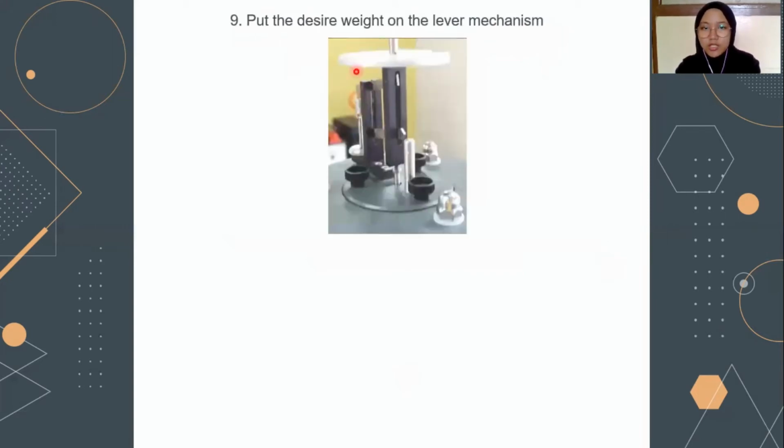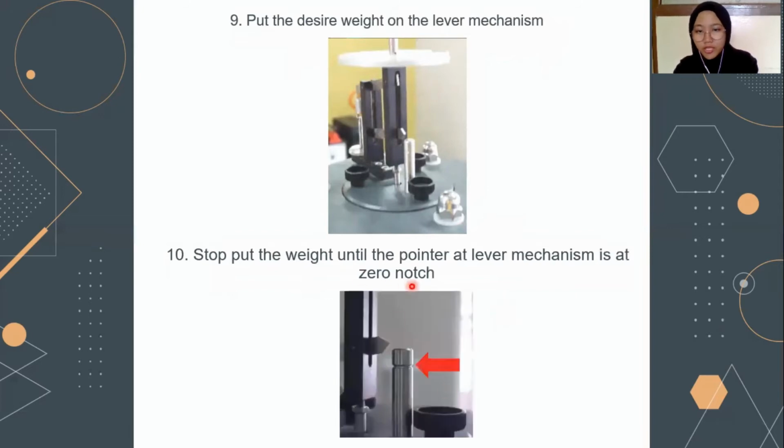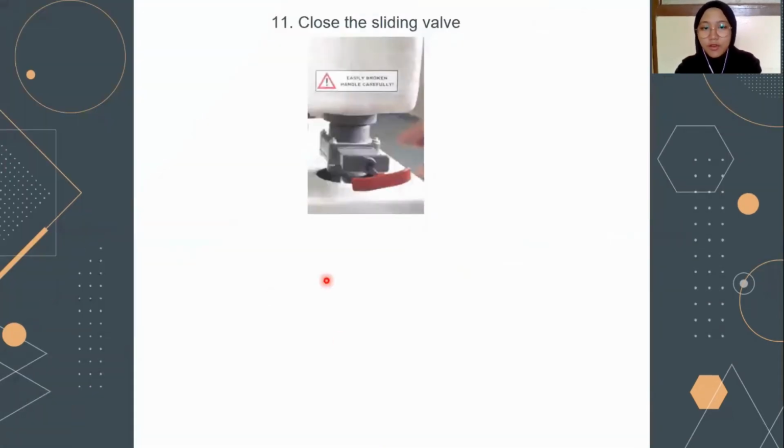This white part is the weight that we put on the lever mechanism. Then when the pointer at the lever mechanism is at 0 notch, as shown by this red arrow, stop putting the weight. And then close the sliding valve by pushing this red button over here.